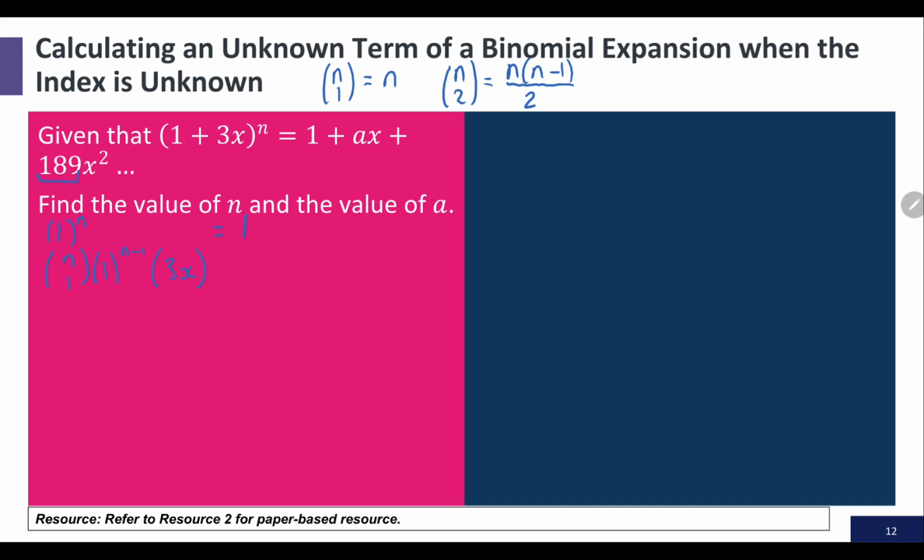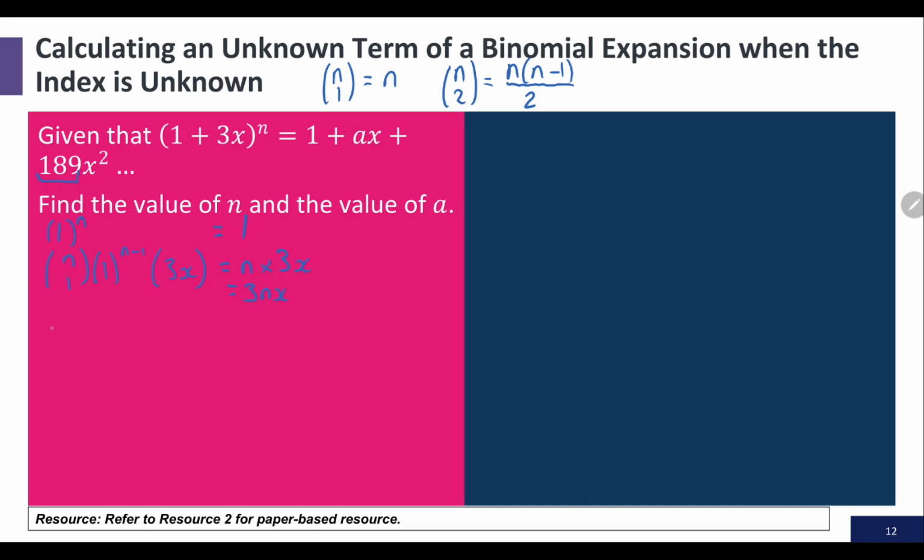Let's just use those now. So n choose 1 is n, multiplied by 1 to the power of n minus 1, which is still 1, multiplied by 3x. So that turns out to be 3nx. Now that 3nx is going to be equal to a. I've got two unknowns, but only one equation. So that's very difficult to get the answer there.